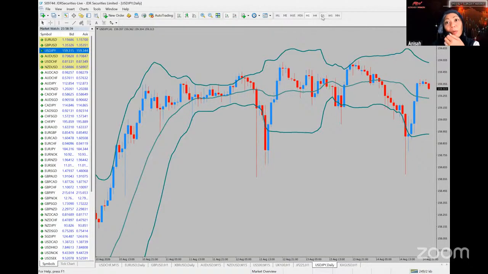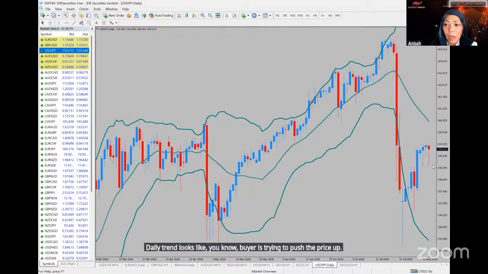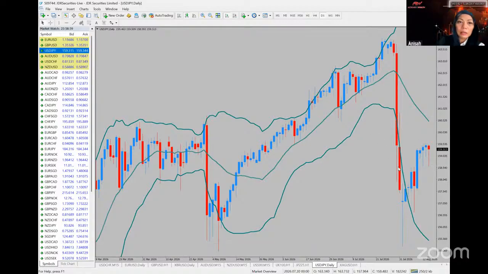Okay, as for now, daily trend looks like the buyer is trying to push the price up.